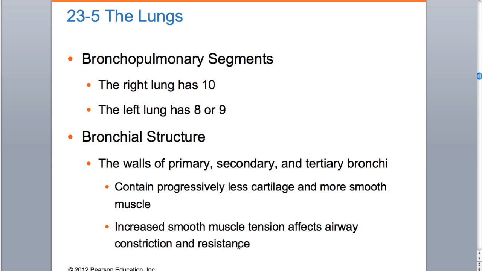Chemically, same thing. There are chemicals that can constrict or dilate these passageways, affecting, of course, resistance. And of course, resistance translates to air flow. Okay. So this bottom bullet on this slide is very important when it comes to the actual physiology or the action. Next slide.